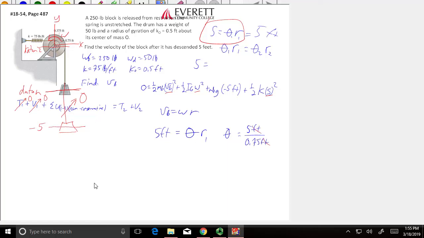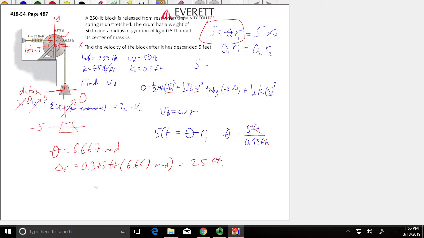My units cancel, so what is my unit? Unitless, or what's the angle that's unitless? Radians, exactly. I just solved for how many radians I have spun. So my theta would be equal to 6.667 radians. So delta S is going to be that arc length, which is 0.375 feet radius times my 6.667 radians, which would be equal to 2.5 feet. Not too surprising it's half because it was half the radius.